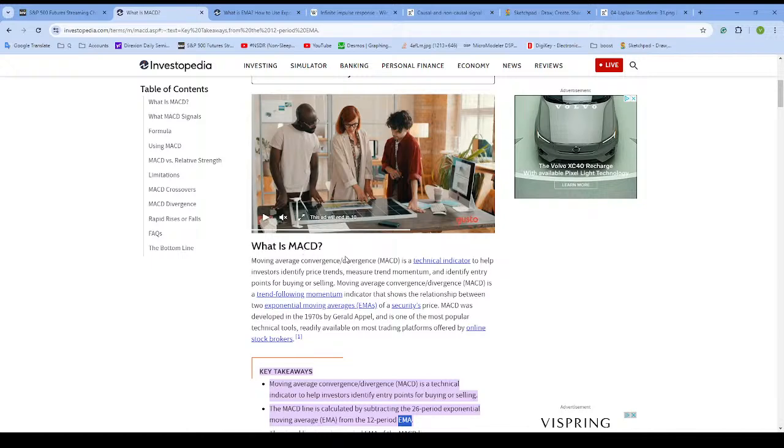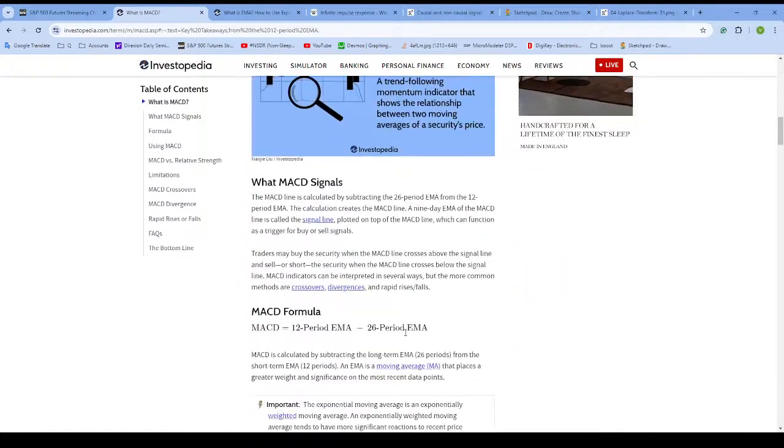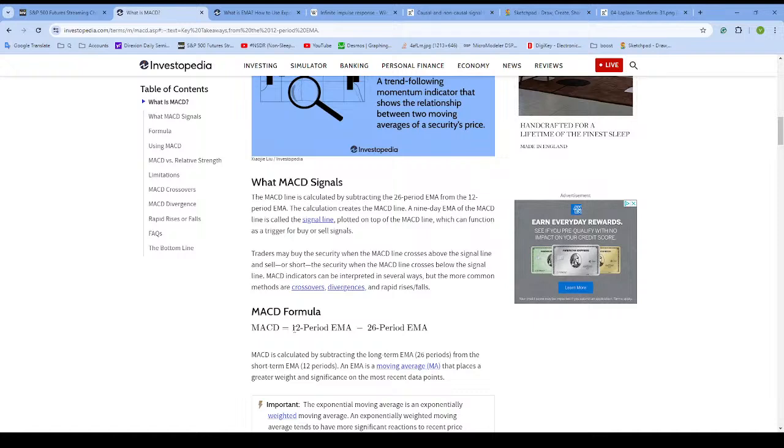This is what the MACD is. Basically, what it does is take the exponential moving average of your desired stock signal, based on the period that you decide. Let's say, for example, in this case, it says 26 days, 12 days. Subtract those, and it becomes MACD.